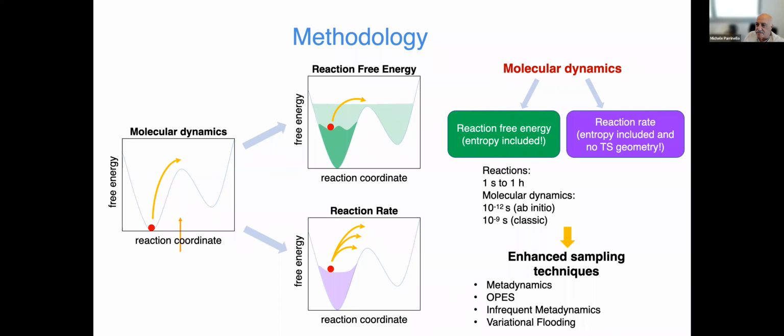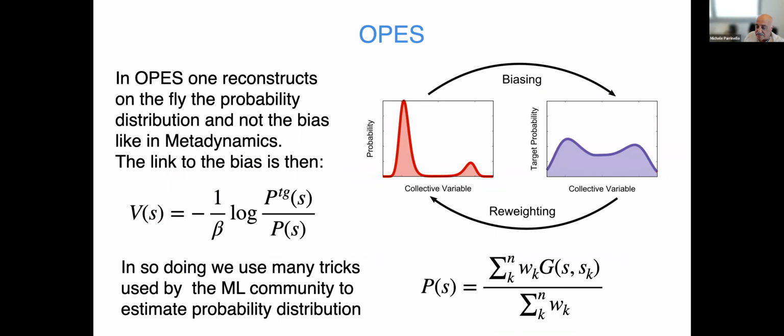For many years we have used metadynamics, but what we do now is something a bit more fancy, which is called OPES. The details are complicated. Again, you introduce the target function, but in metadynamics you try to reconstruct V, while in OPES you try to reconstruct the probability distribution.